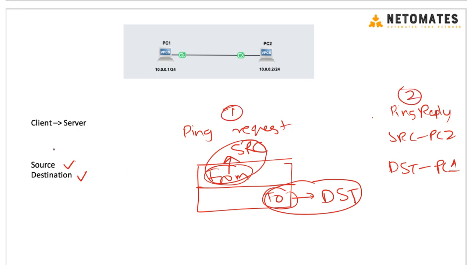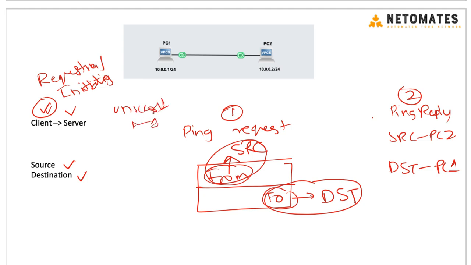So what are client and server? Client is someone who is requesting information or initiating a connection. In any computer unicast communication, unicast means one-to-one, right? Whoever is requesting the information or initiating the connection will be called the client.